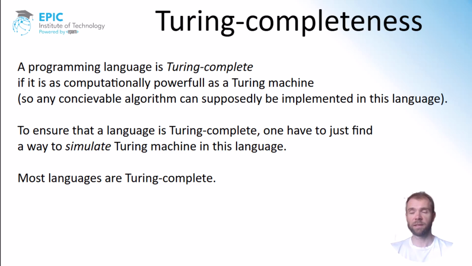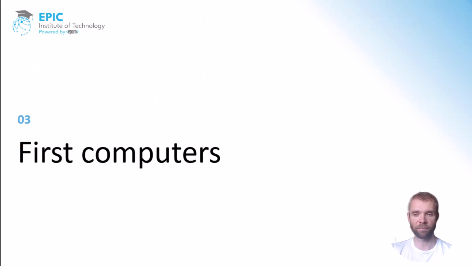But this doesn't mean that it can be done efficiently, that the program will run fast, or that the program will use a decent amount of memory, etc. It just means some kind of principal ability to code, to simulate, any program in a particular programming language or on a particular piece of hardware.